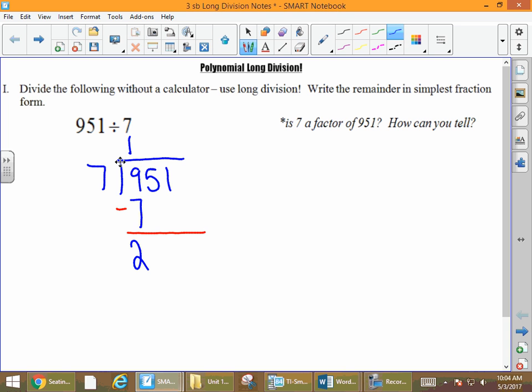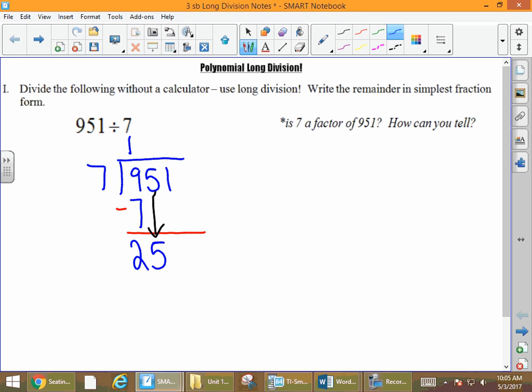Conceivably, your elementary teacher who taught this then drew an arrow, brought down the 5. Then we do the same process again. How many times does 7 go into 25?